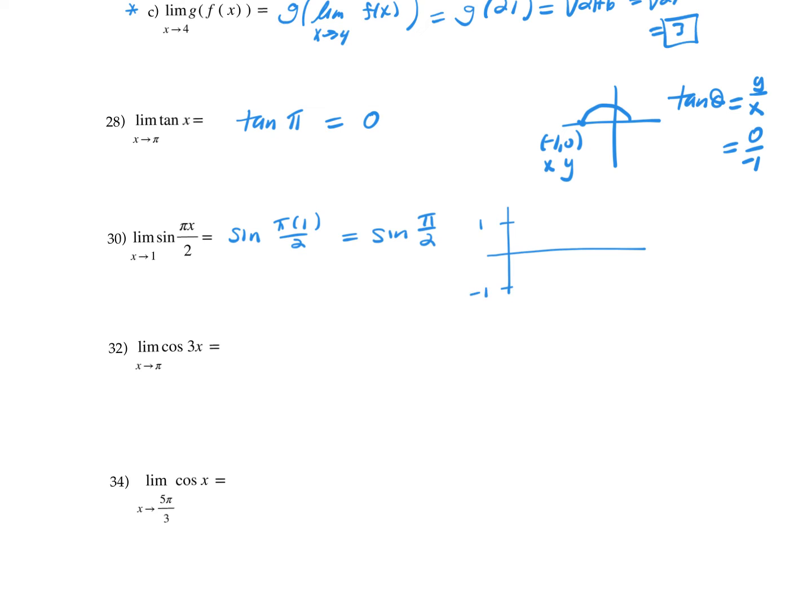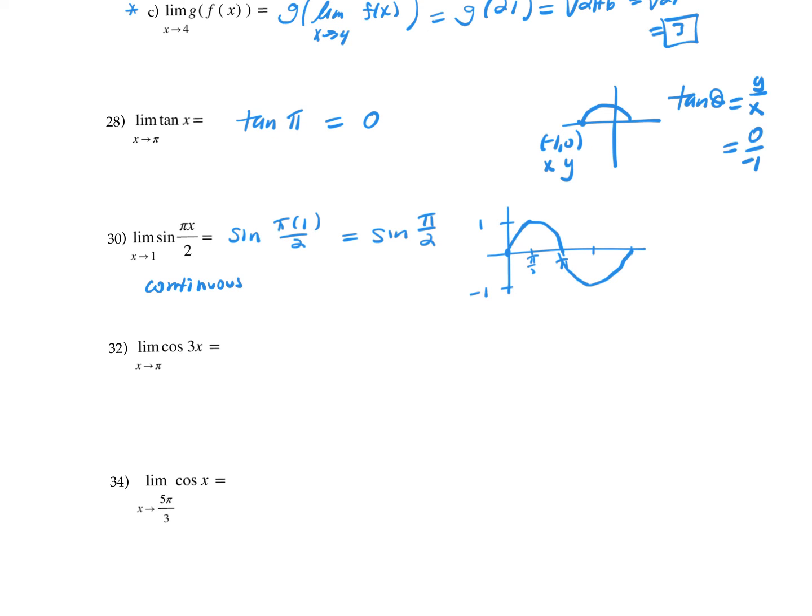So sine function, we know goes from 0, and at pi over 2, we would be at +1. At pi, we'll be back at 0. 3 pi over 2 would be at -1, and then back up. So think about just one cycle of the sine function. Remember that sine is continuous, so the limit exists everywhere.